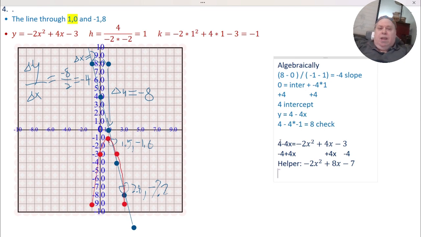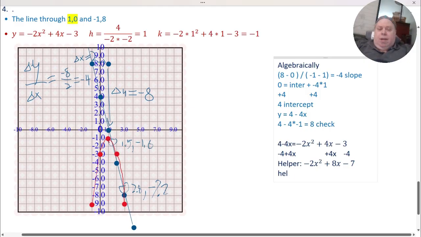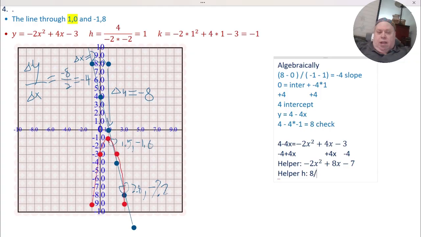Now, I want to find the roots of the helper, which are going to be my x values of this quadratic. So I'll create helper h, which will be 8 divided by, and always put in parentheses, denominator, minus 2 times, in this case, a, which is minus 2, which is going to give me 2.